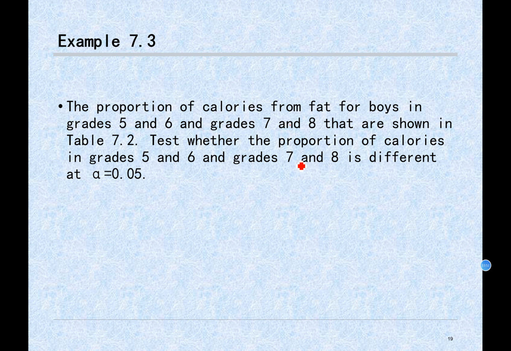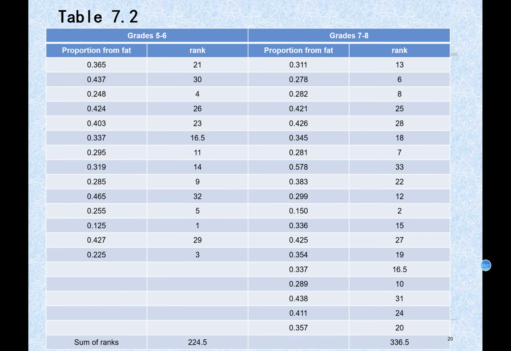Here, the question is to test whether the proportion of calories in grades 5 and 6 and grades 7 and 8 is different at alpha equals 0.05. So that means we divided all the boys into two groups. The first one is grade 5 and 6, and group 2 is grade 7 and 8. So here is the data.